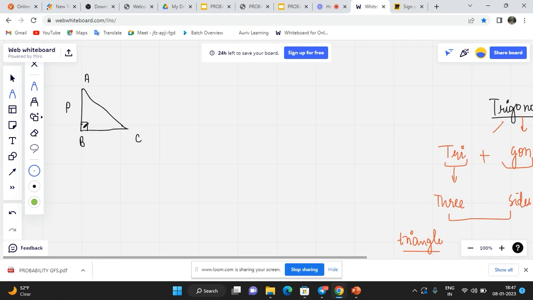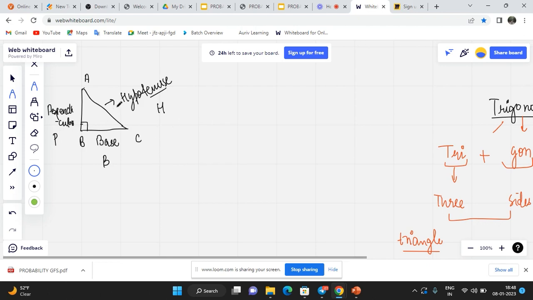The line joining the perpendicular and the angle is the base, denoted by B. This is the perpendicular, denoted by capital P. And the line opposite the right angle, joining the perpendicular and base, is the hypotenuse, denoted by capital H.